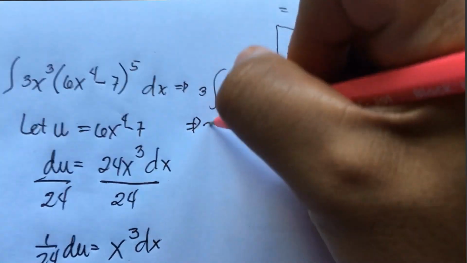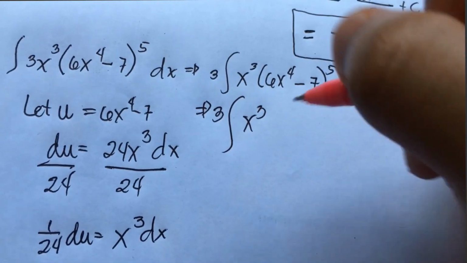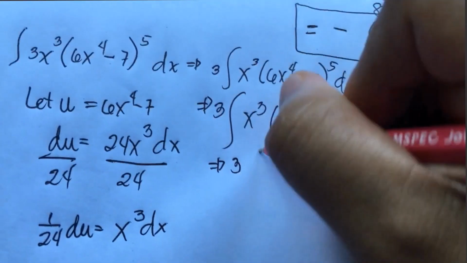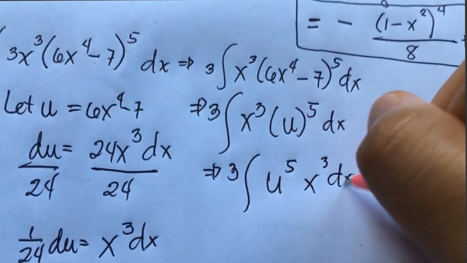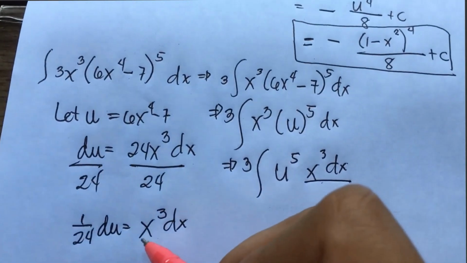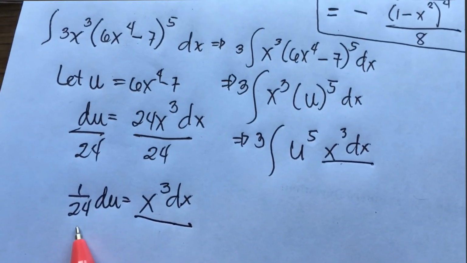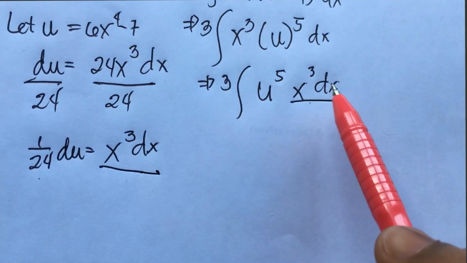So you have 3x cubed, and this is our base. Our base will turn into u raised to 5 dx. 3, of course, you're going to rearrange u raised to 5 x cubed dx. Now, this x cubed dx, there is a corresponding value of that one, which is ito. Okay? So you are going to substitute the value of your x cubed dx by 1 over 24 du, because you cannot get the antiderivative if x ito at saka u yung variable.